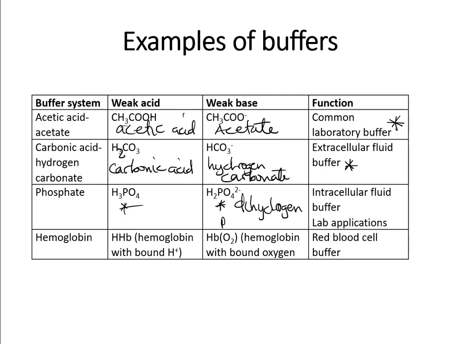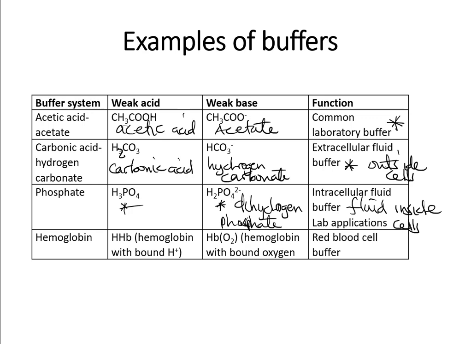This is also used, now this is intracellular fluid, fluid inside cells. This is outside cells. So these buffers are the ones that maintain the physiological pH of the body.